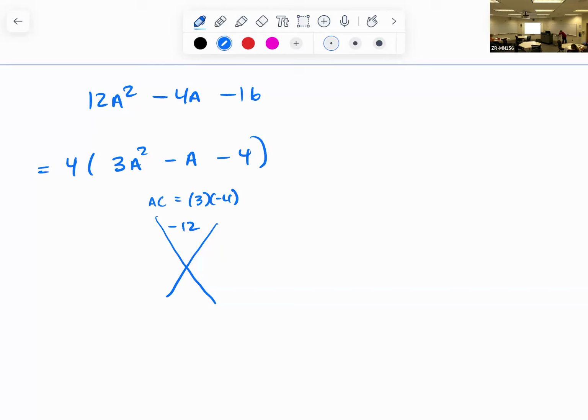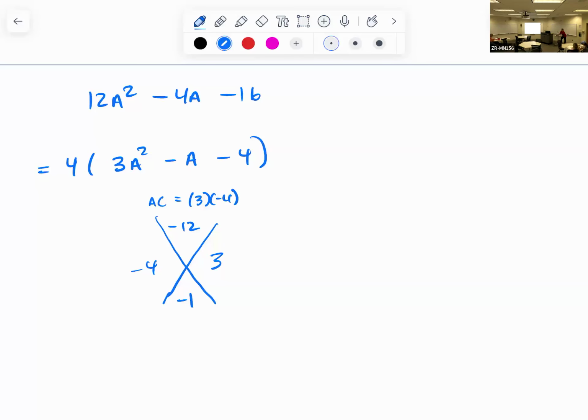What goes in the bottom? -1. Also remember the important thing: the diamond only has numbers, no variables in it. So what multiplies to -12 and sums to -1? -3 and... No, it's -4 and 3.